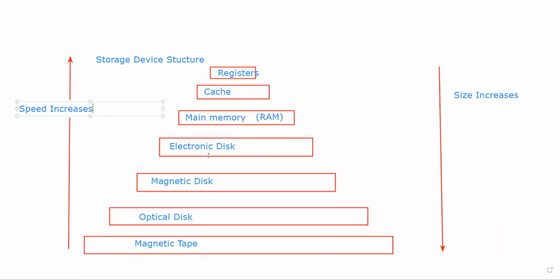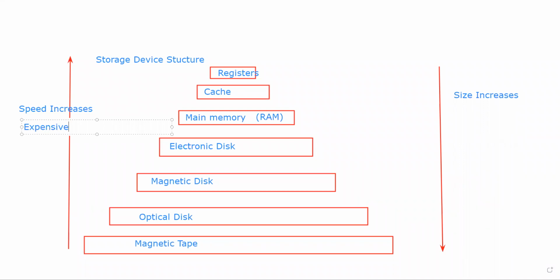When you are going to buy these devices, you will see main memory is more expensive than the electronic disk or the magnetic disk. Like that, the cache memory is more expensive than the RAM, and the registers are the most expensive. And also from bottom to top, it becomes more expensive.